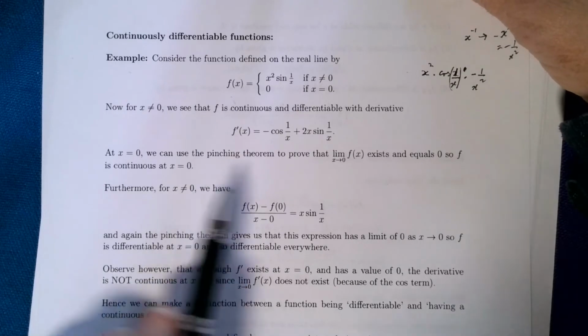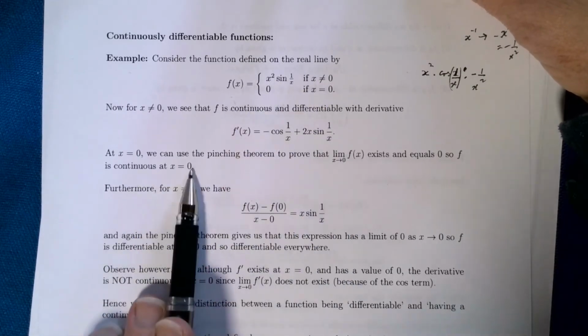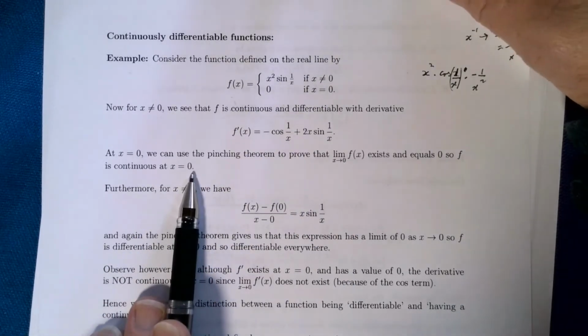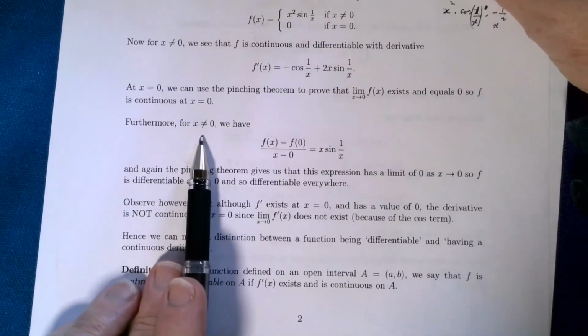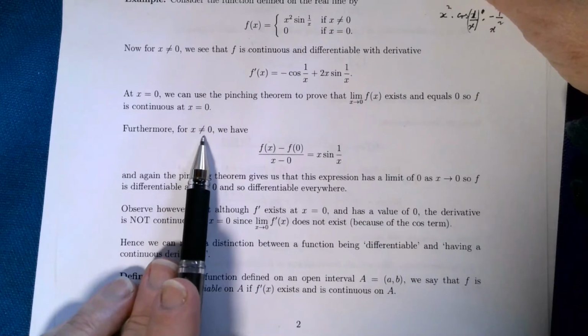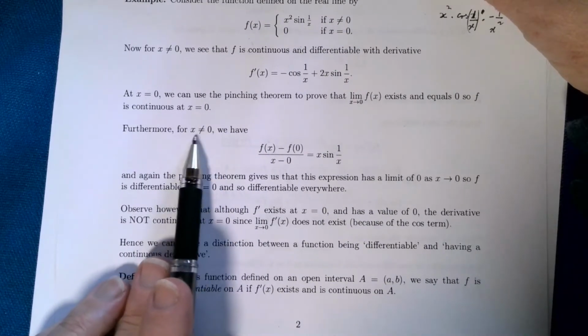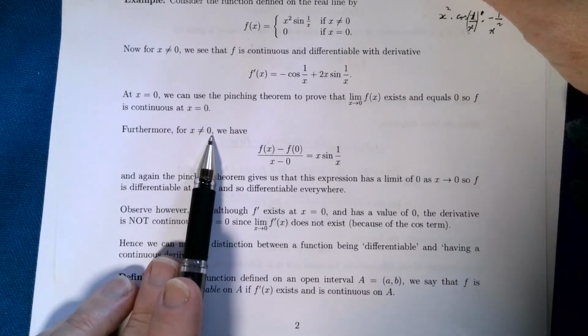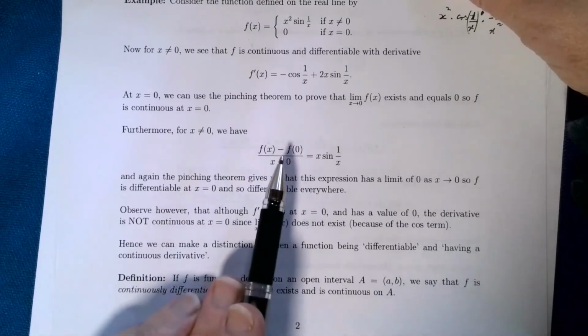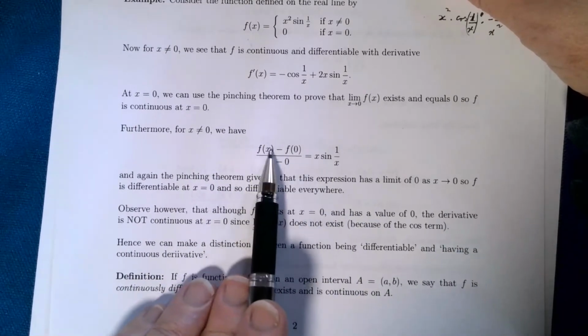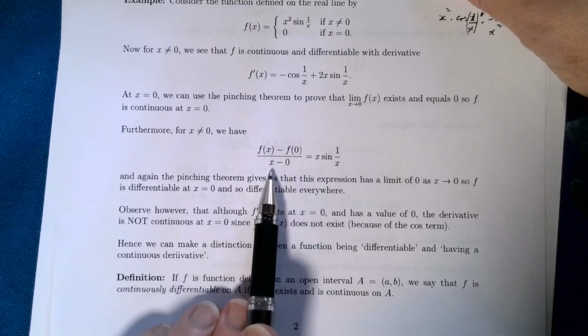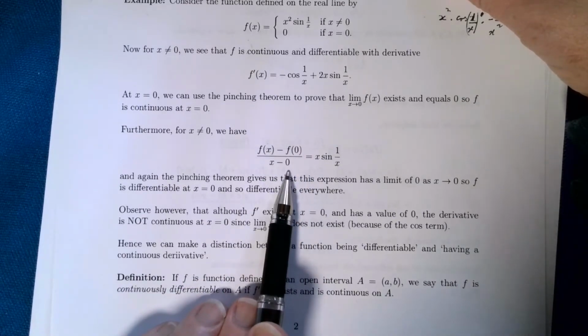Okay, so this funny looking function here is continuous at x is 0. Moreover, is it differentiable at x is 0? Well, then again, we have to go back to the limit definition. So if x is not 0 for the moment, we're going to use that first definition of the derivative, the limit. So we've got f of x minus f of 0 on x minus 0. And we're going to then take a limit as x goes to 0 of this.